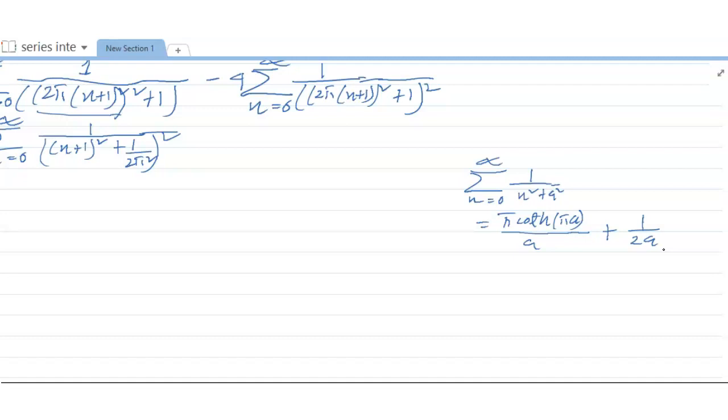Means how it is coming: sinh(pi x) divided by pi x is equal to product n equals 1 to infinity of (1 plus x square by n square).